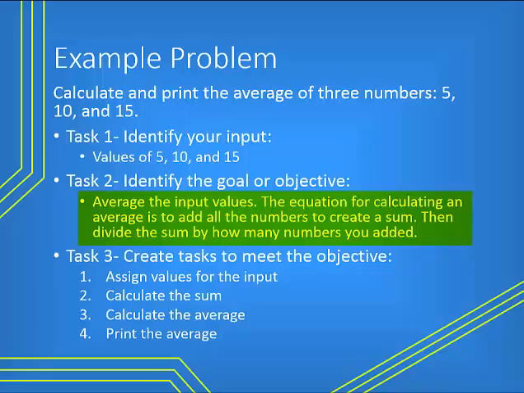The equation for calculating an average is to add all the numbers to create a sum, then divide the sum by how many numbers you added. Task 3, create tasks to meet the objective. So we will have to first assign values for the input, second, calculate the sum, third, calculate the average, and 4, print the average.